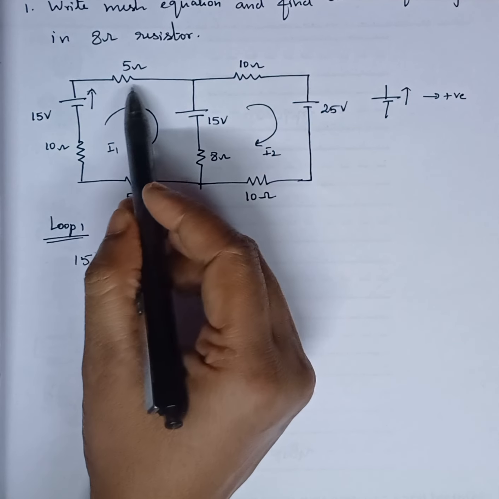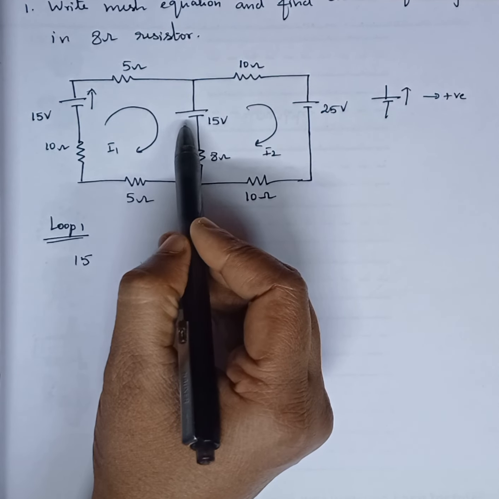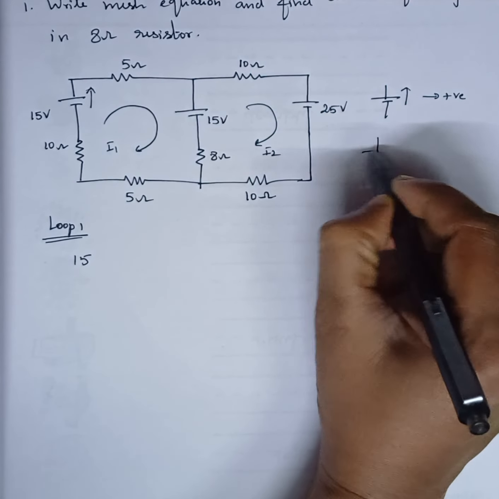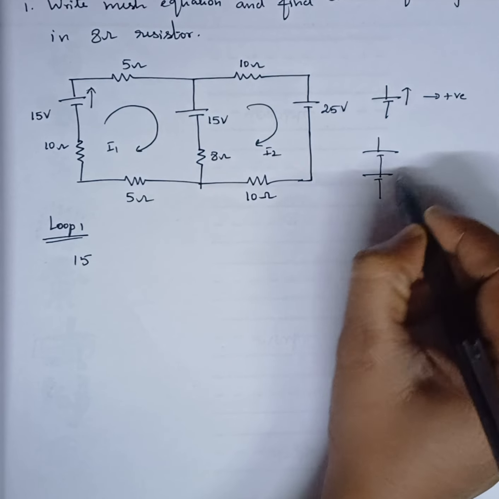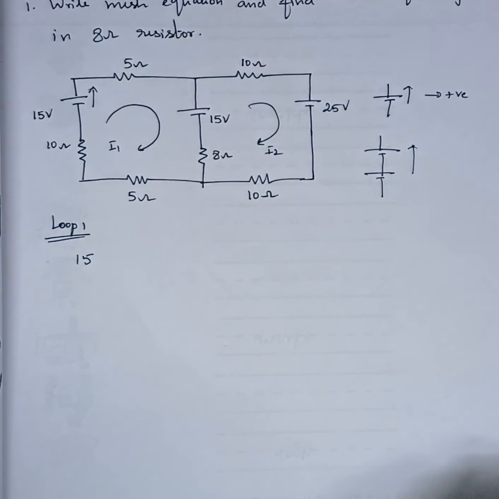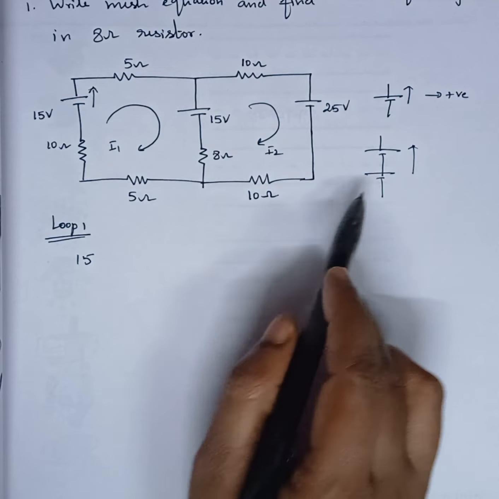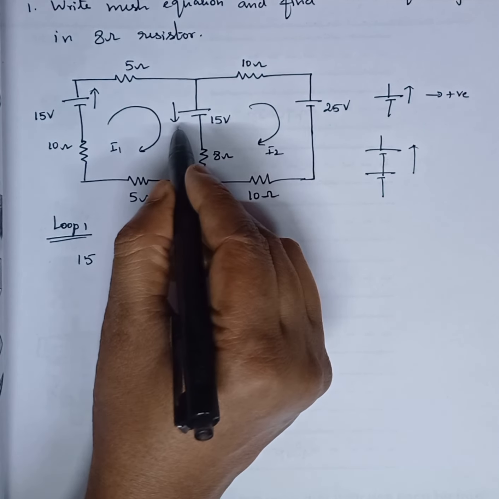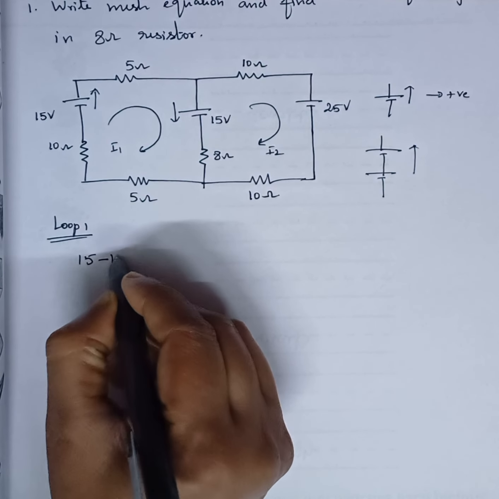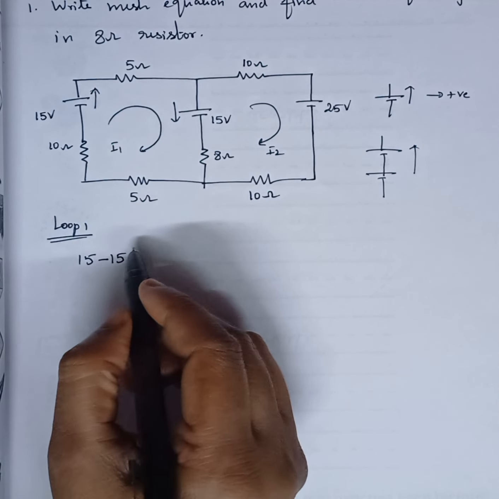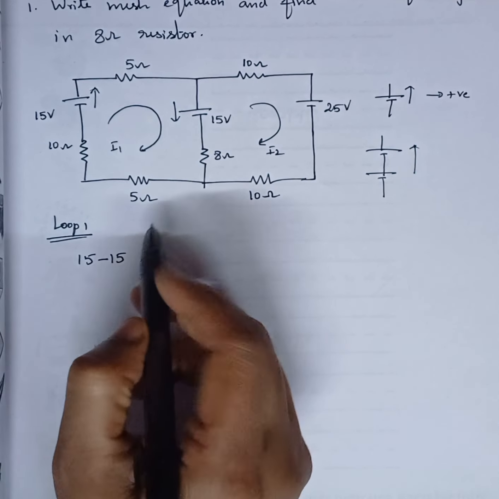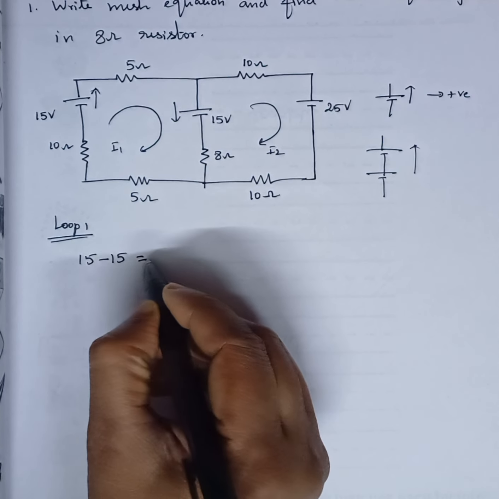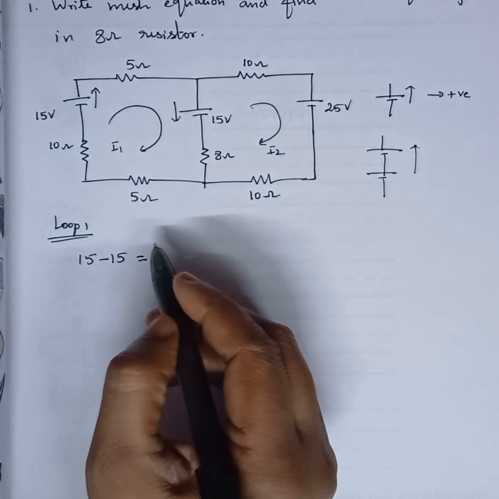Then we find another source, so whether it is to be subtracted or added. If two sources are connected like this and the current flows like this, we will be adding the sources. But it is not like that; the direction is just opposite of what we expected. So we put this as minus 15. This is the algebraic sum of potential rises, since we have two sources, hence two potential rises, and it is equal to the potential drops.